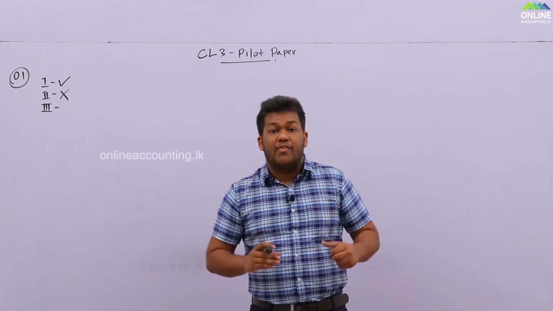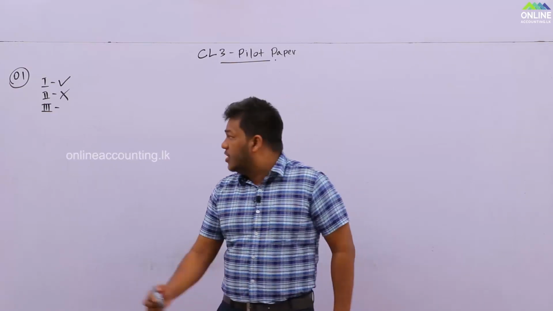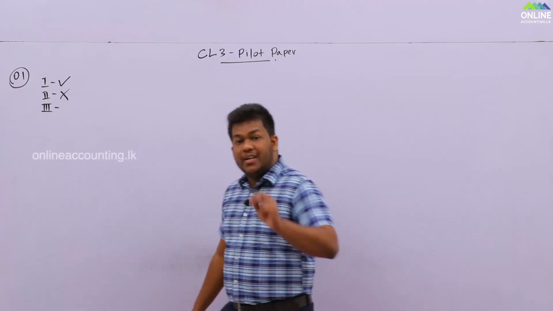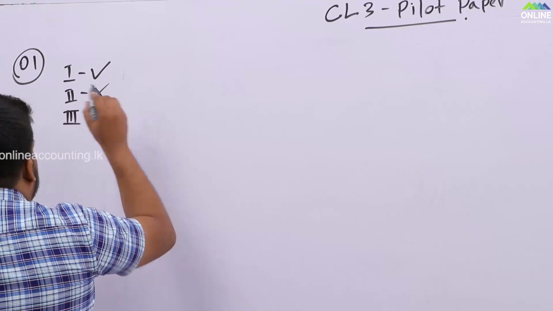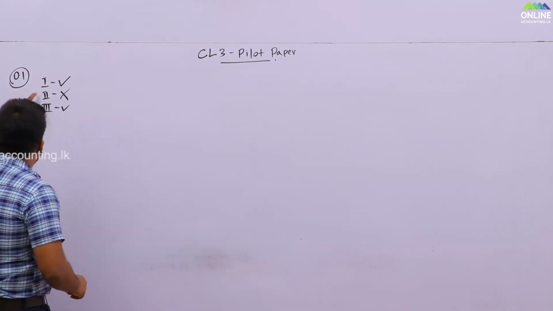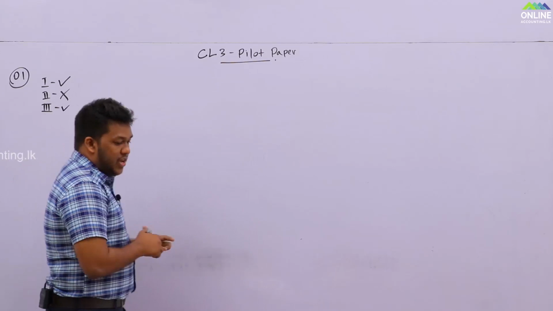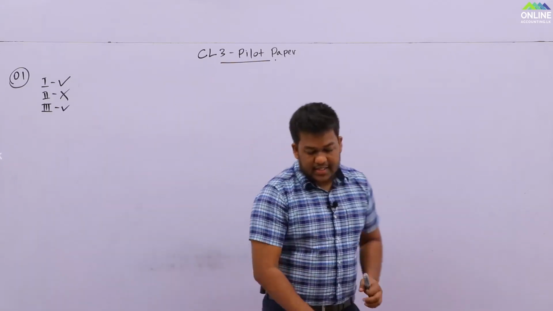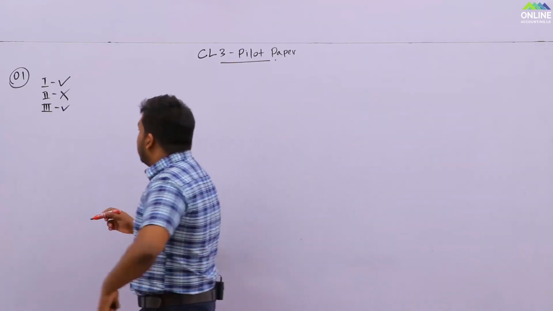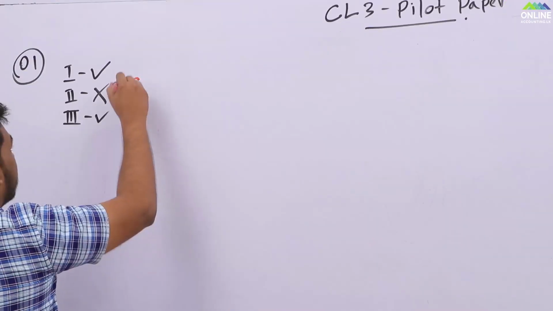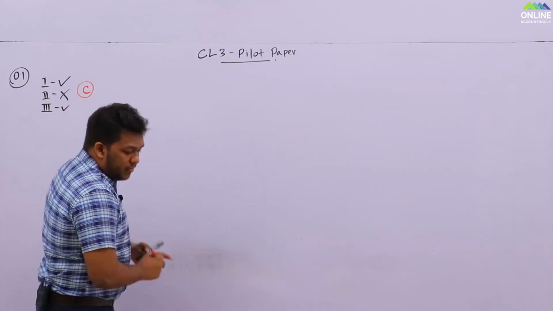After doing the NPV, what are the other factors you have to consider? So definitely, environmental implications you have to consider. So the first one is correct, the second one is wrong, the third one is correct. So what is the answer? The answer is C, first and third only. Answer is C.